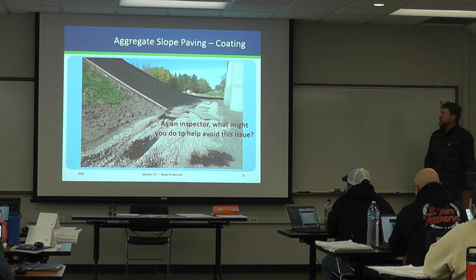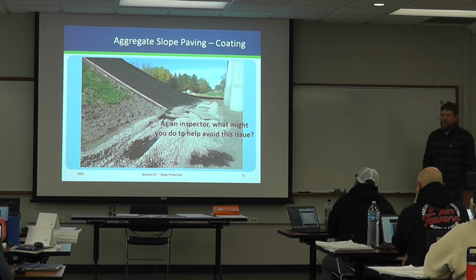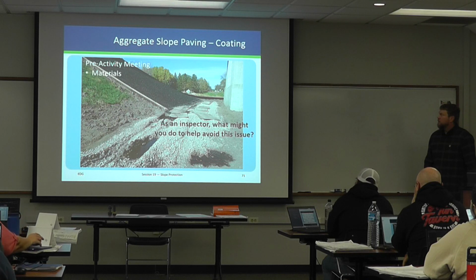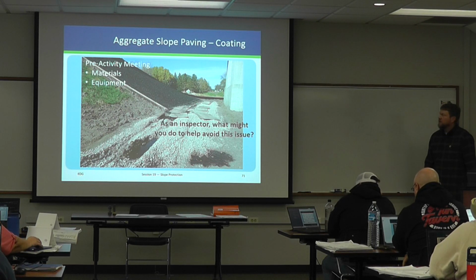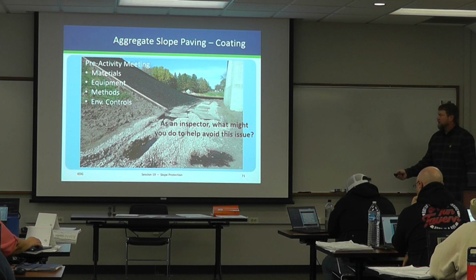So as an inspector, what might you do to help avoid this? Tell them after the fact, hey, I didn't want that? Right? A pre-activity meeting? Bingo. Talk about materials. What are they going to use? How are they going to place it? What methods are they going to use? Do they have any environmental controls, so we don't have this happen?